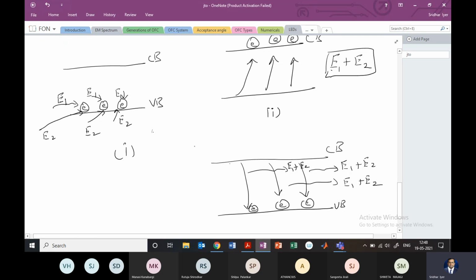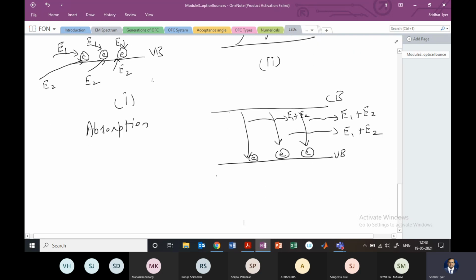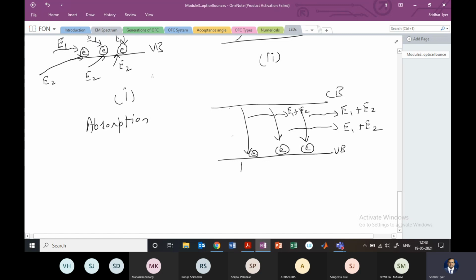So all this is coming out in the form of light, right? So diagram 1 is as it is absorption, because the electrons are absorbing energy. Diagram number 2 is just the absorption process, the electrons moving there, right? And diagram number 3 here consists of both spontaneous and stimulated emission.